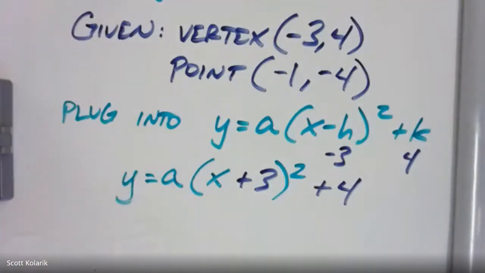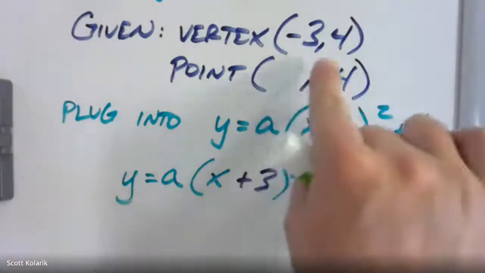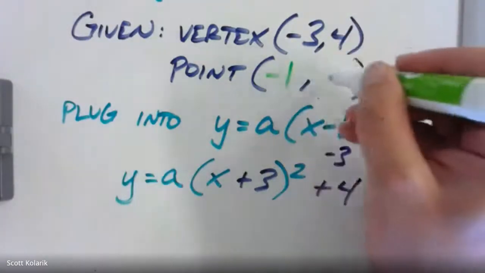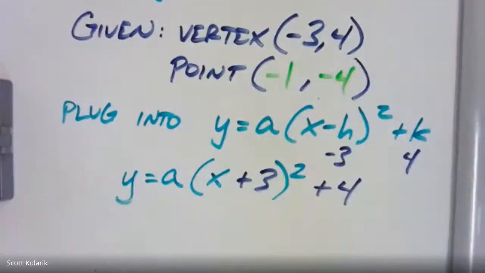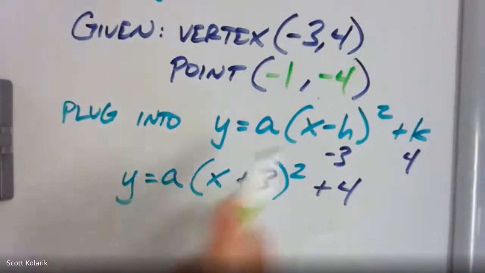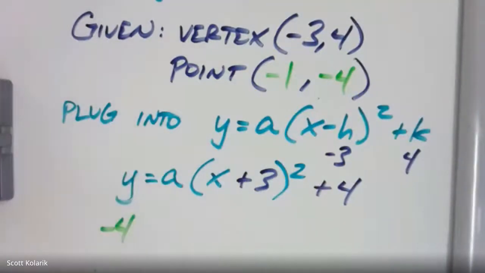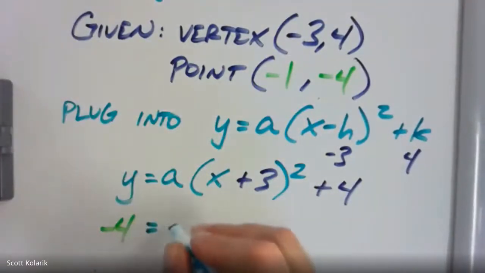To color coordinate this so you can see what's going on, let me change this to green so you can see where it goes in here. We were given -1, -4 as my coordinate point. I'm going to take these green values and plug them into this equation. So y is going to equal this y value, -4, right? a, I still don't know.